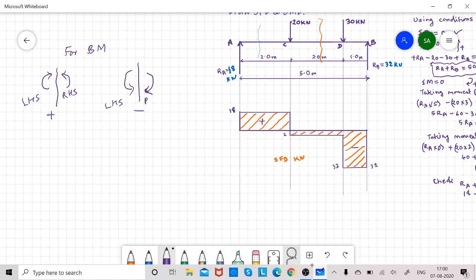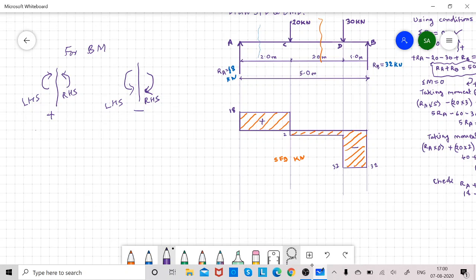So what does it indicate? If the moment is clockwise on LHS, make it positive. If the moment is anti-clockwise on the right hand side, positive. If the moment is anti-clockwise on LHS, negative. If the moment is clockwise on right hand side, still it is negative.